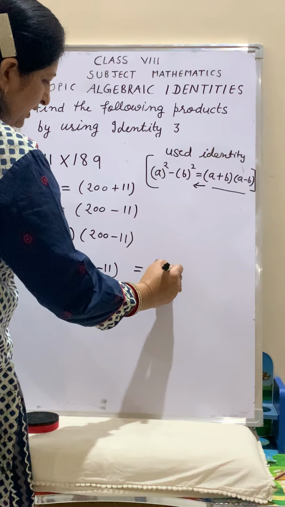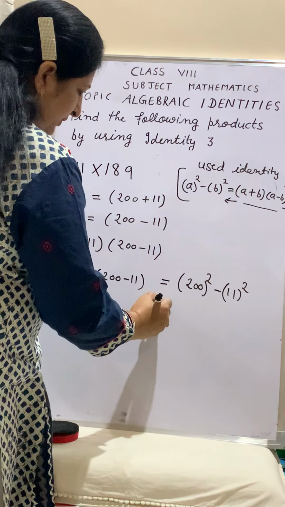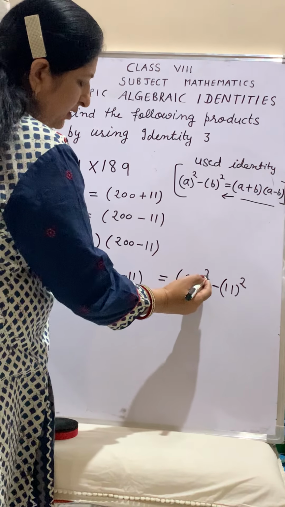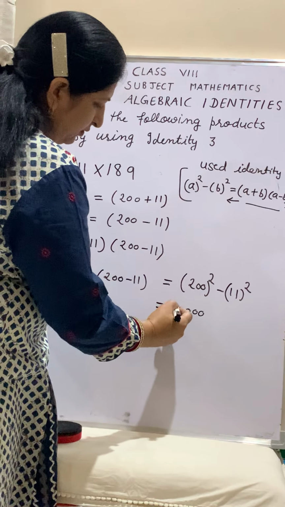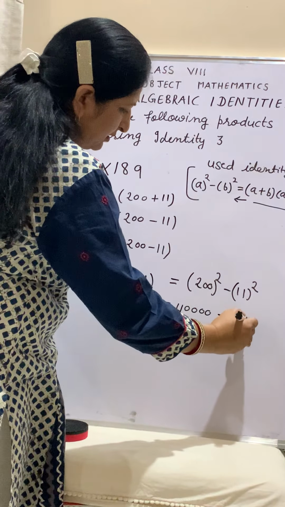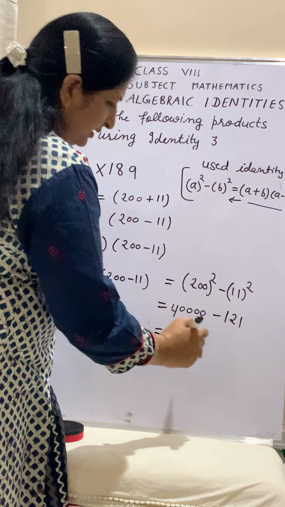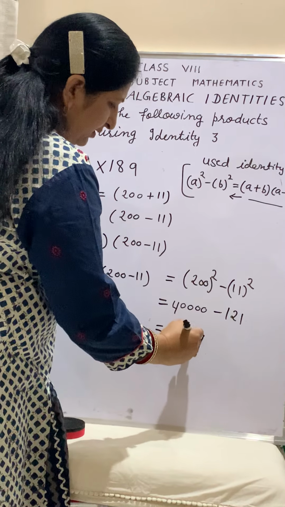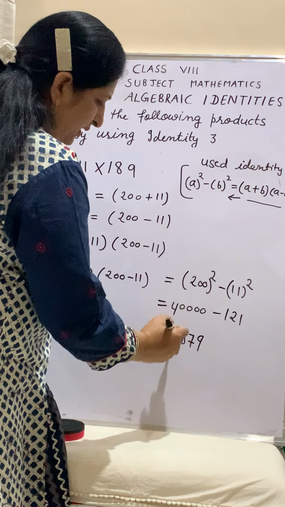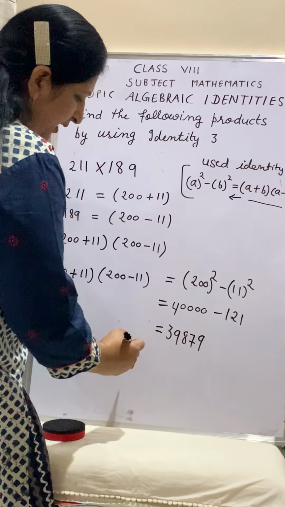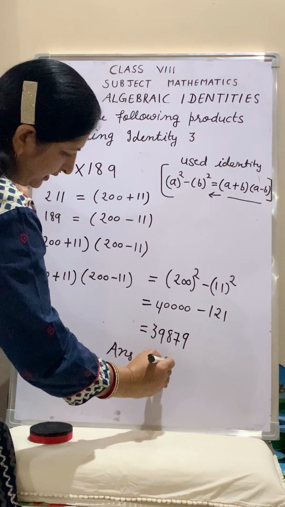What is A? 200 whole square minus 11 whole square. 200 whole square, 200 multiplied by 200, 4 zeros, 2 2s are 4, minus 121. Now we will subtract. 10 minus 1 is 9. 9 minus 2 is 7. 9 minus 1 is 8. 3. Answer is 39,871.